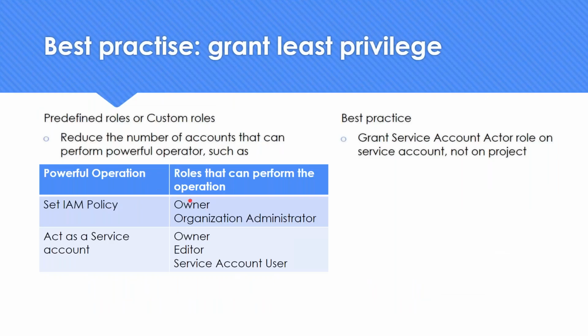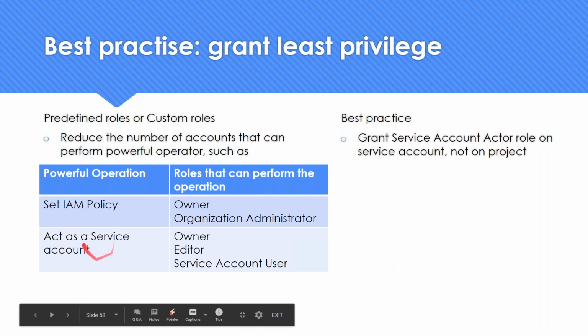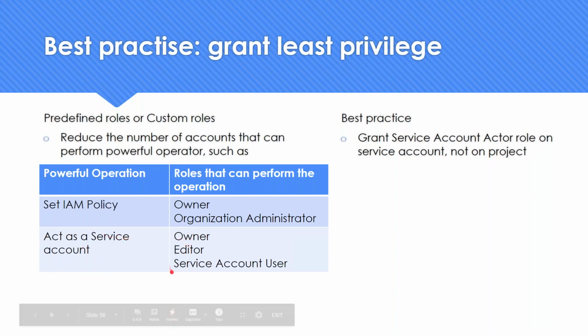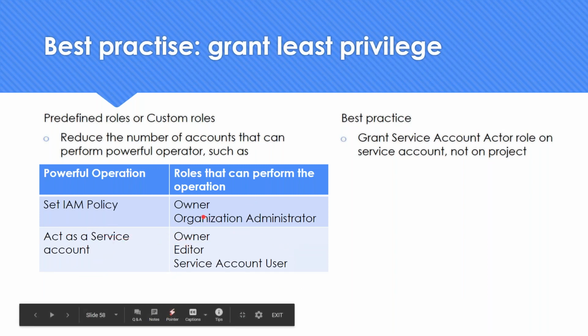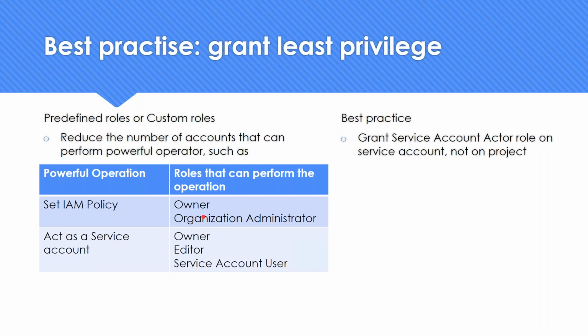Set IAM policy, to make somebody owner, so reduce the number of accounts here. These 3 roles are very powerful roles, so avoid giving them to many people. If you give them, do some audit. And this one, grant service account actor.